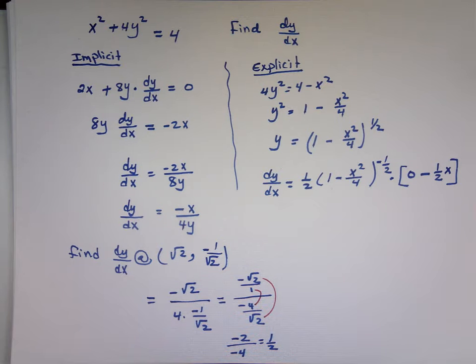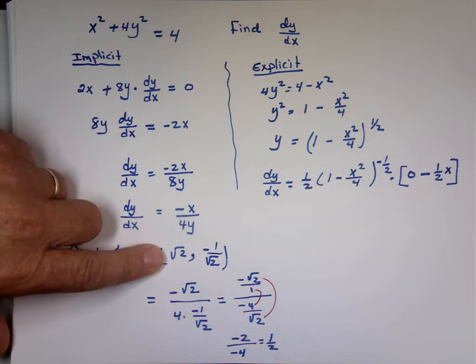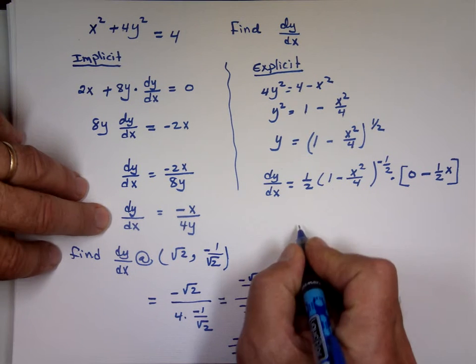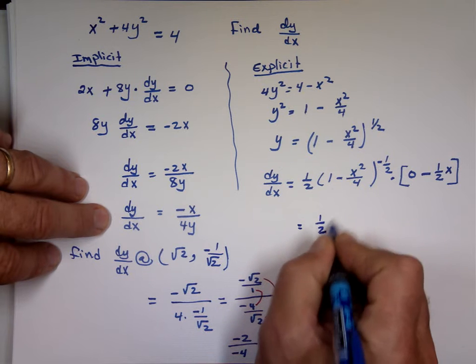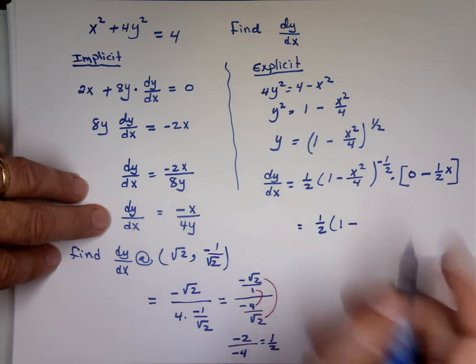To make life easy on me, I'm going to plug in the square root of 2 for x right now. See if the answer is the same. That makes the math easier. When x is the square root of 2, when you square that, that's 2 over 4.